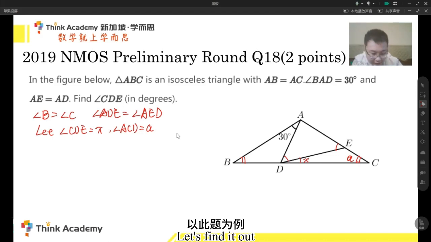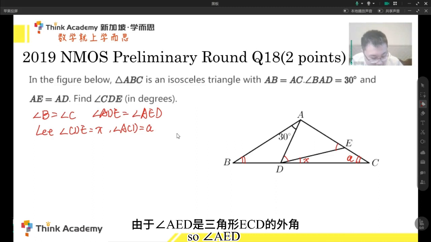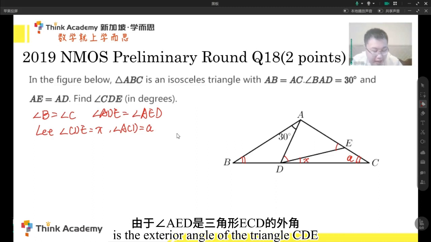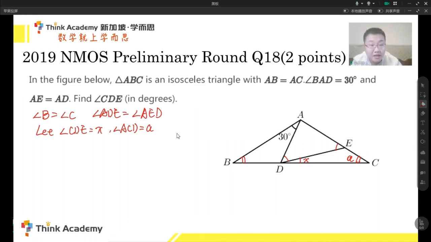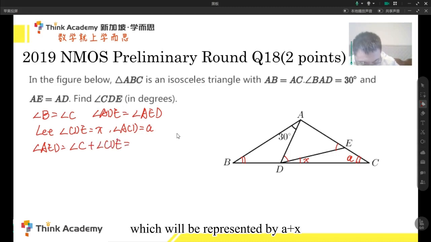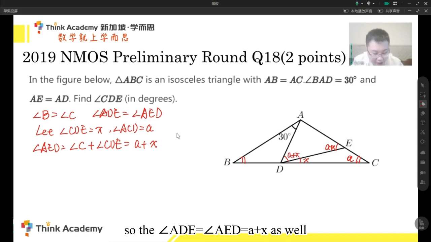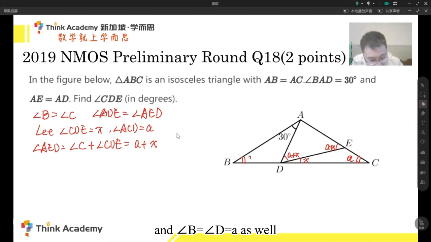Let's find it out. Now we have the x and A here, so the angle AED is the exterior angle of the triangle CDE. So we have AED equals angle C plus angle CDE, which will be represented by A plus x. So the ADE equals AED, which is A plus x as well, and B equals C, which is A as well.